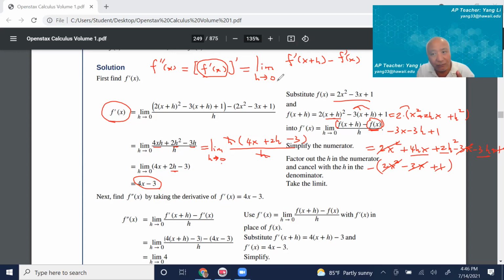Just treat f prime as a function, it will be easier to think. See here? This is the function. When you do the derivative, it should be this function with variable x added by h, minus this function of x, over h.